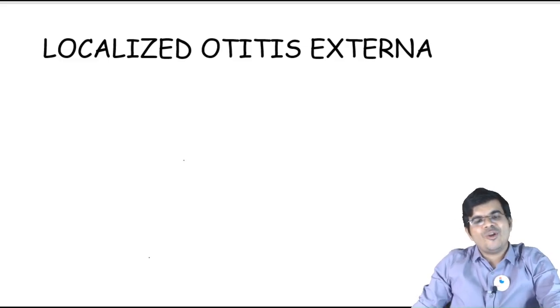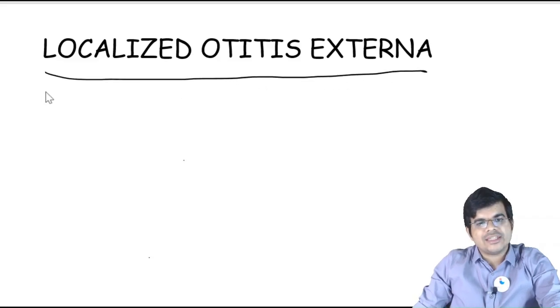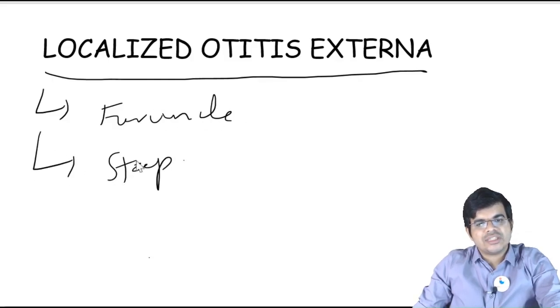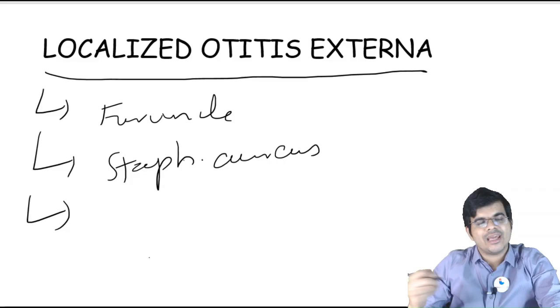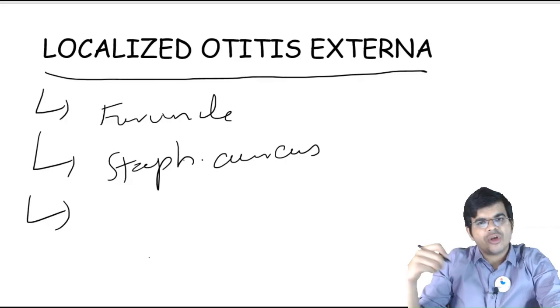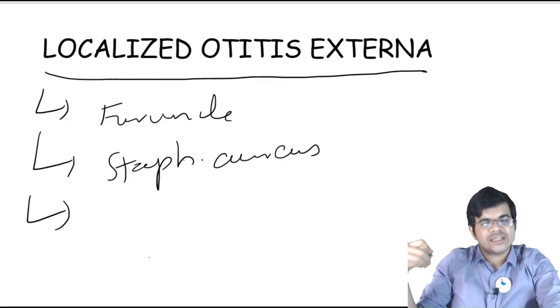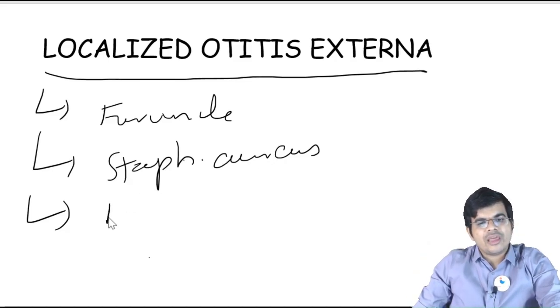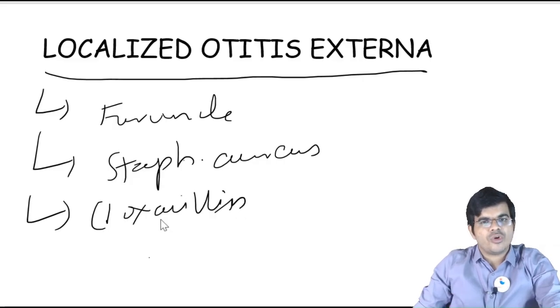So we have learned that localized otitis externa is nothing but the furuncle of the external aortic canal, and hence it is restricted to the lateral one-third of the external aortic canal, and it is being caused by Staphylococcus aureus, which is the organism which usually causes furuncle, and hence antibiotics has to be directed against Staphylococcus aureus. And we know nowadays the Staphylococcus aureus that we encounter are usually penicillin resistant, so it is usually amoxicillin plus clavulanate that is being given, or you can give a cloxacillin which is having activity against Staphylococcus aureus.